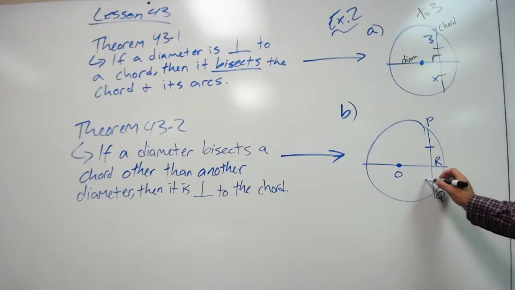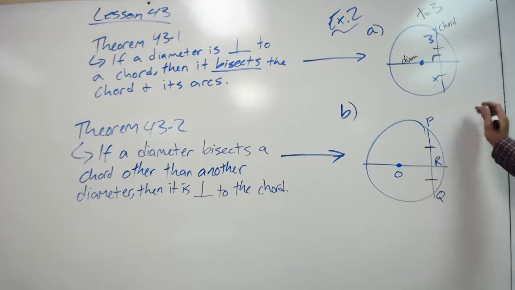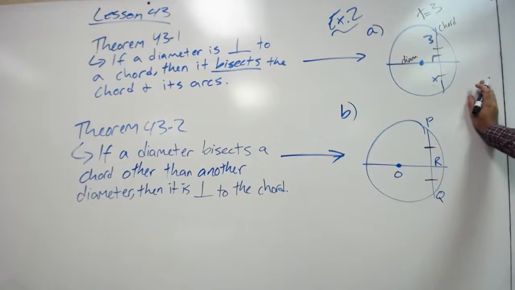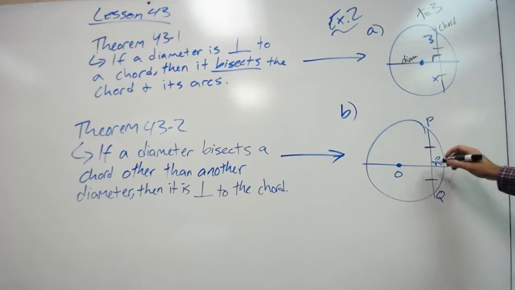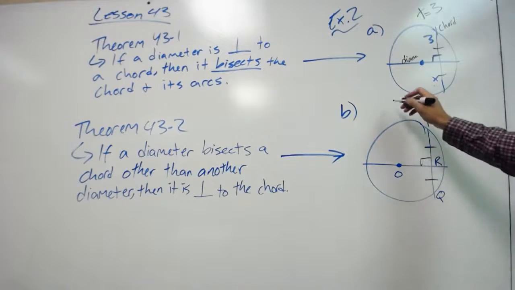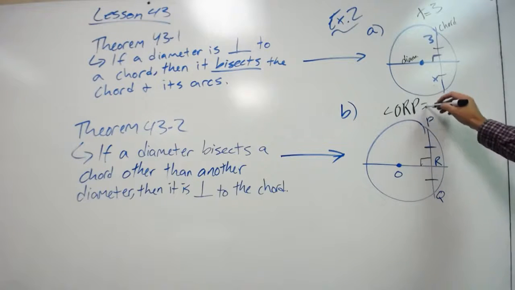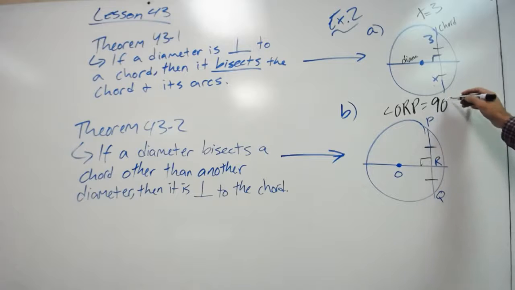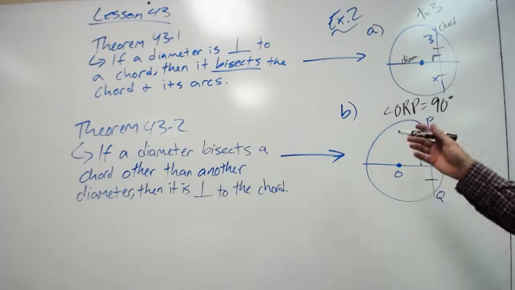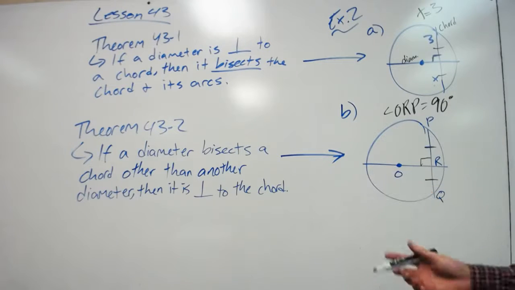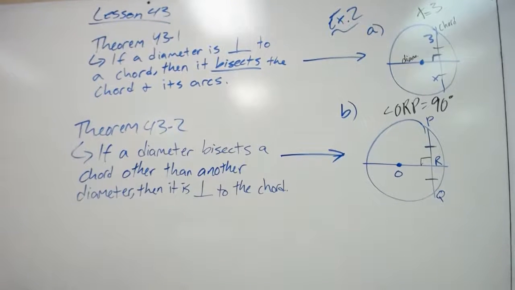Therefore, we know that these lines are congruent. And if these are congruent, we know that it must be perpendicular. So if it said find angle ORP, angle ORP would be 90 degrees. But it's kind of the converse. So that's what you have when you have chords and diameters intersecting.